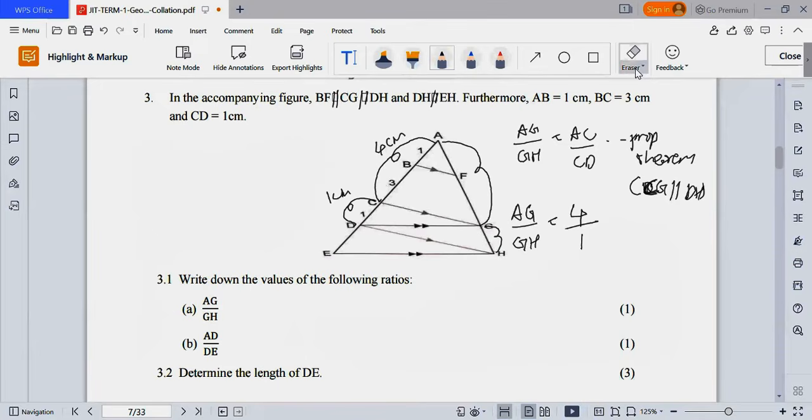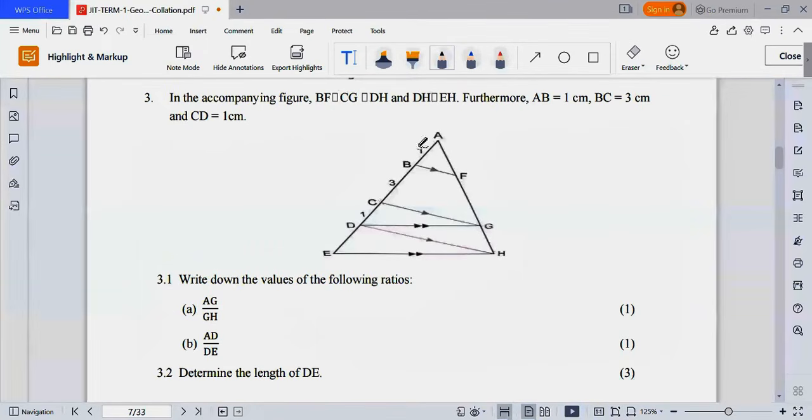So if we erase here, we have the AD, so this is AD, and then over DE. But let's not forget that we already have the ratio representing this, right?